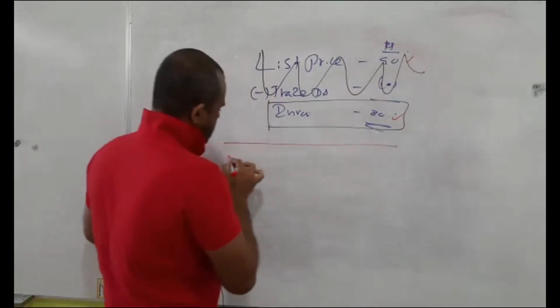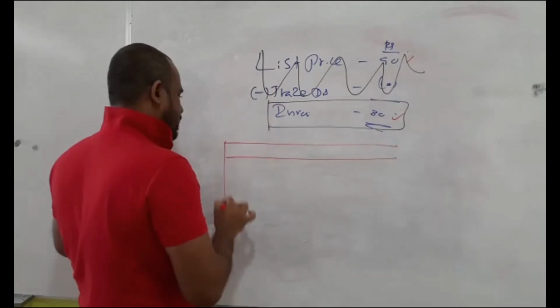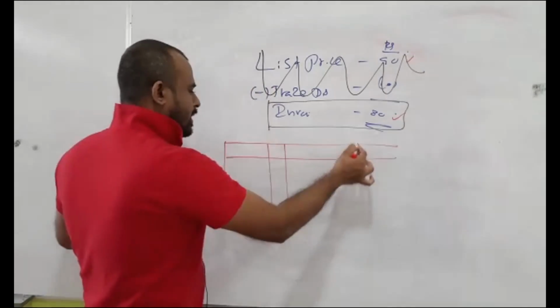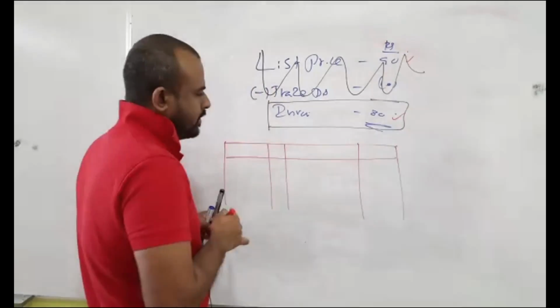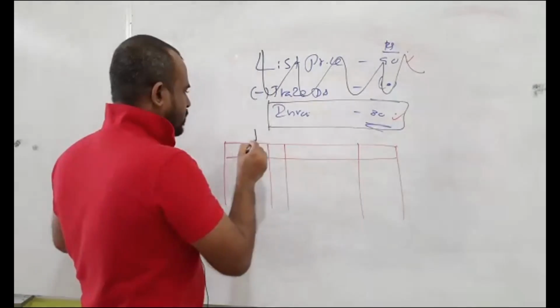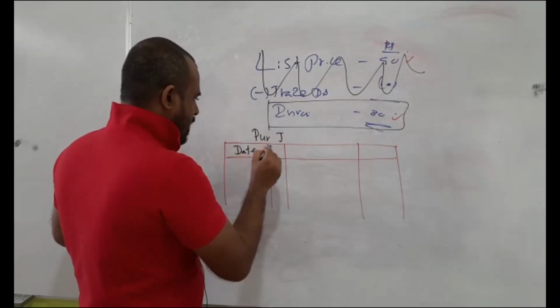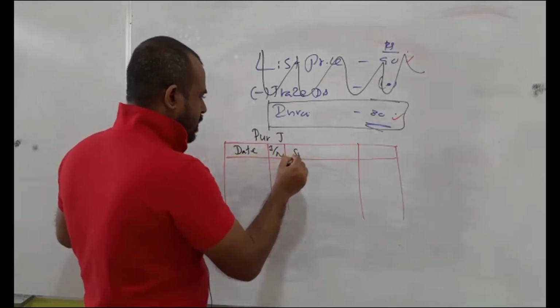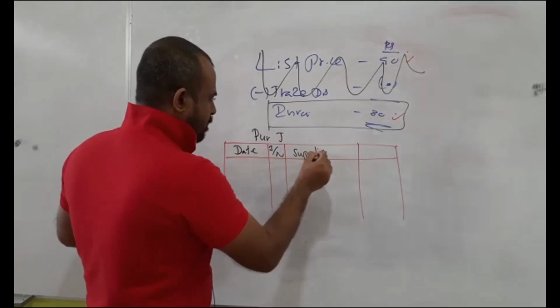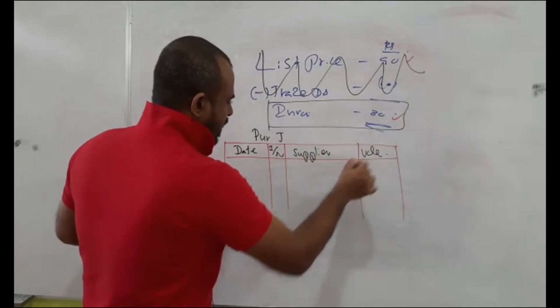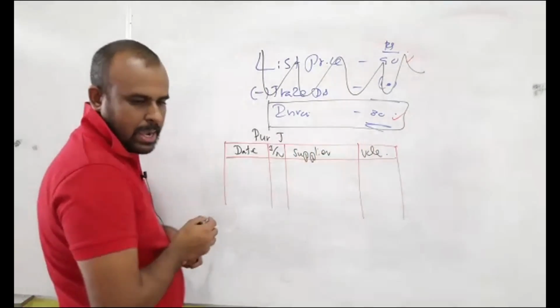From the list price, you subtract the trade discounts, then you get the invoice price. In the purchases journal you record the date, the invoice number, the supplier, and the value.